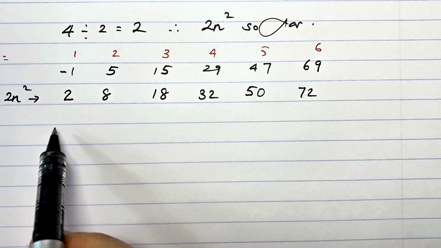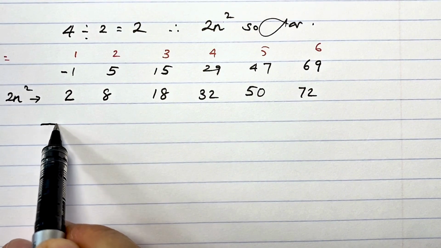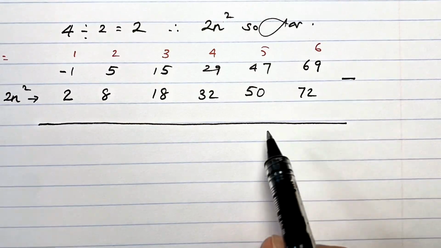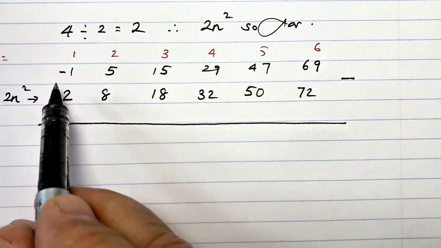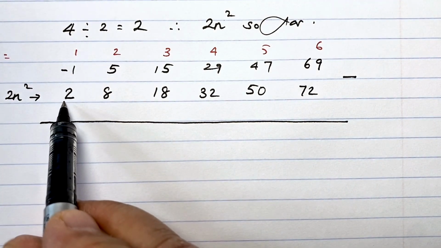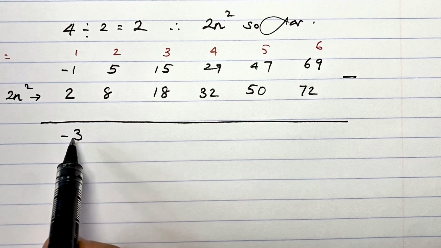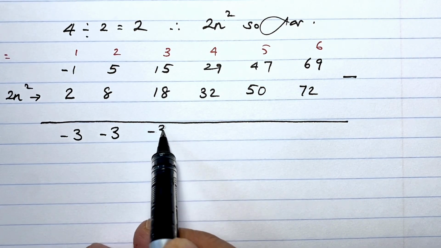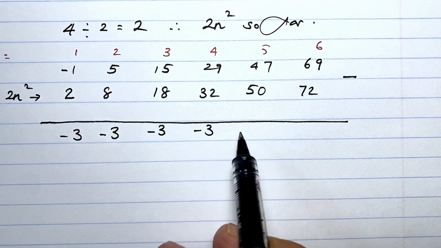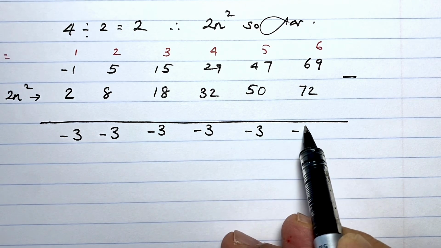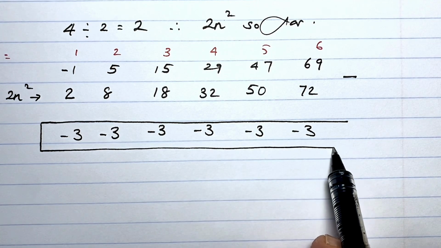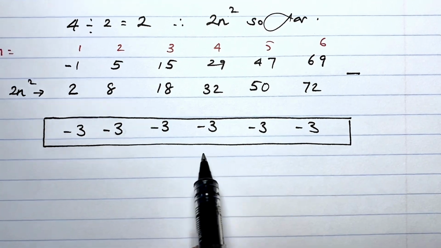So I'm going to take away to see what is left over. Minus 1, take away 2. 5 take away 8. You can see the difference is all minus 3. So I can make a pattern out of these.